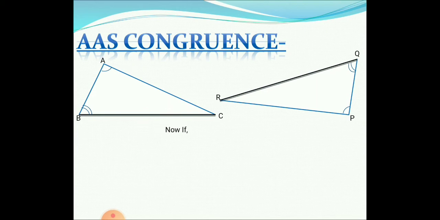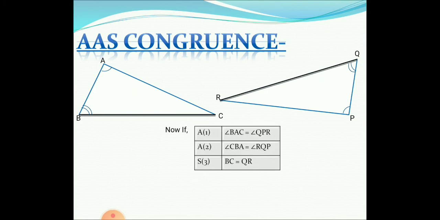In this figure, if angle BAC is equal to angle QPR, angle CBA is equal to angle RQP, and side BC is equal to side QR, then triangle ABC is congruent to triangle PQR by AAS congruence.